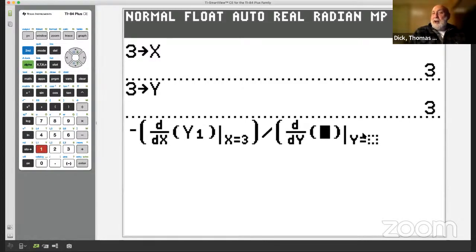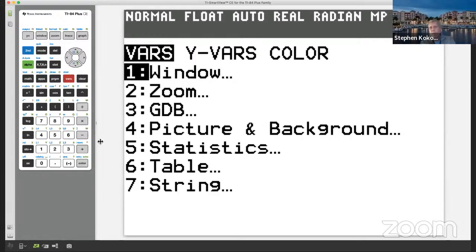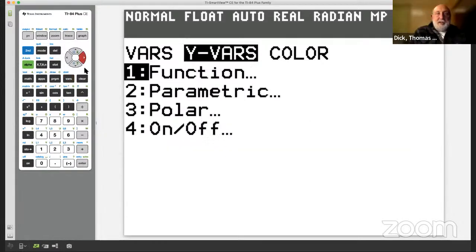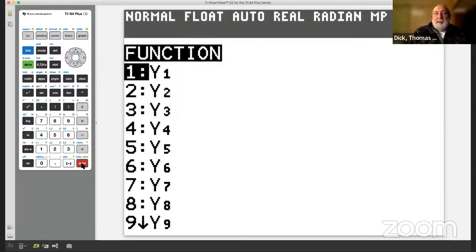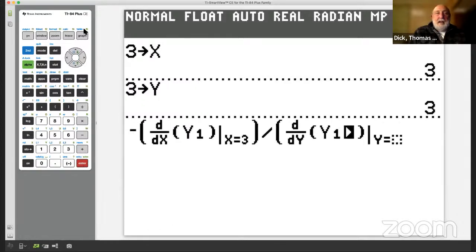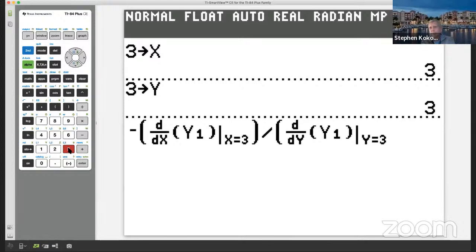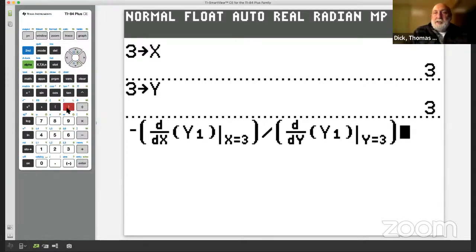So we'll go to variables again, and this was also where y equals 3. Those could be two different coordinates, but the point we were interested in was this one.